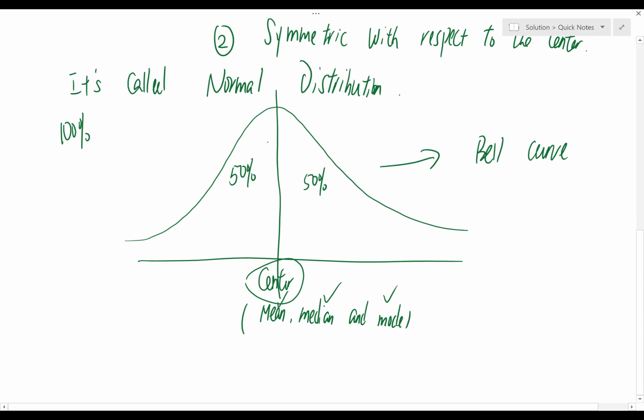Let's say we have a sample size of 100. According to the bell curve, 50 data values will be below the mean, and 50 will be above the mean.